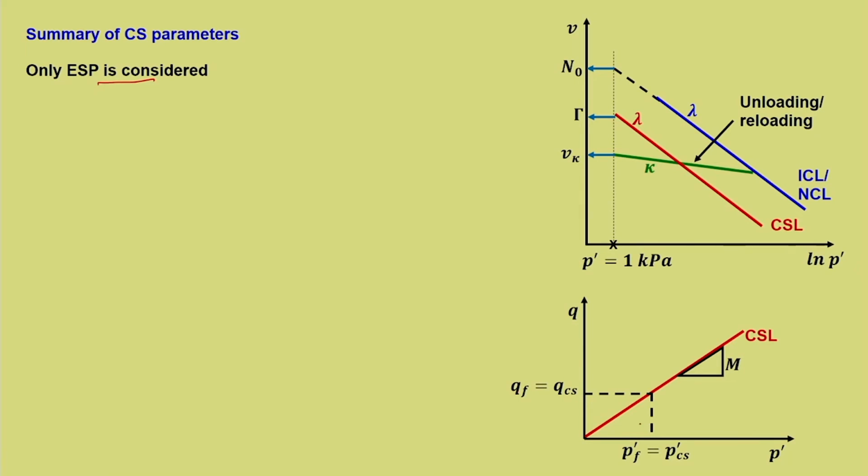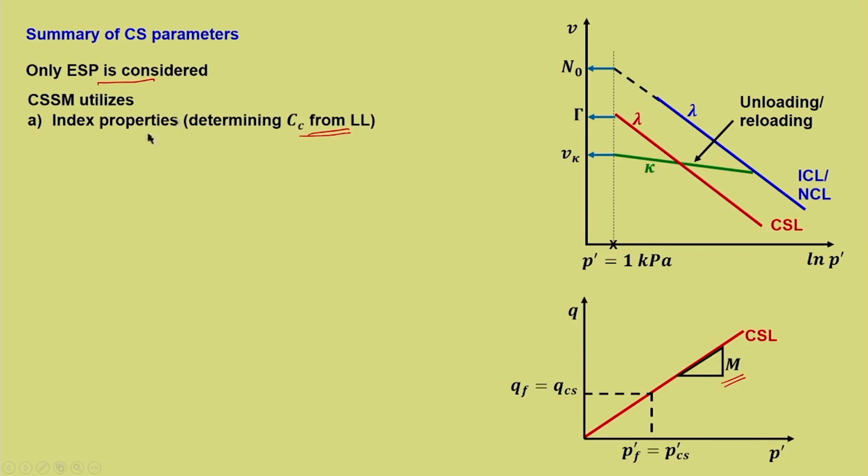Then we have the Q P dash plot, where Qf upon P dash f is given by slope M. So M, lambda, kappa are important. CSSM utilizes index properties, determining Cc from liquid limit, because Cc is the one we get from the consolidation plot, and we know that Cc can be determined from liquid limit.